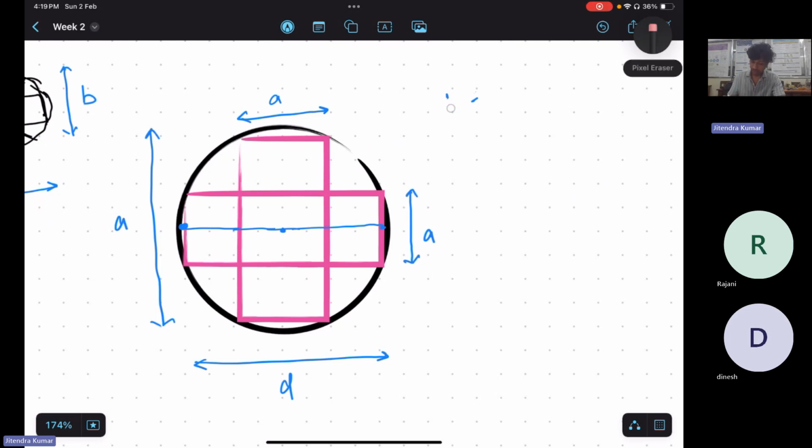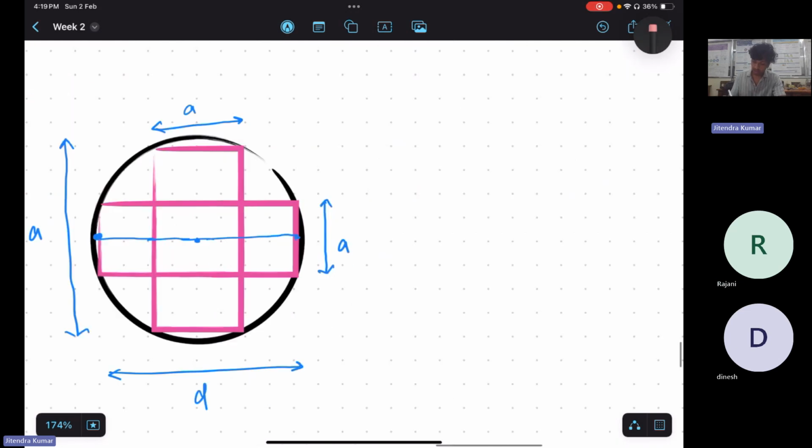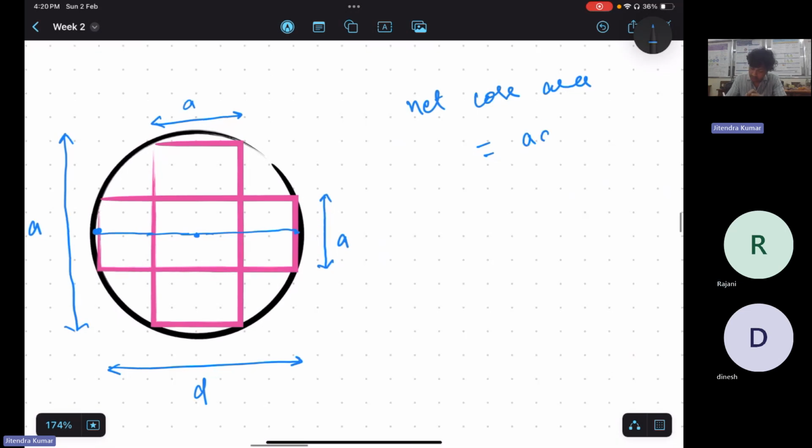Now, net core area is how much? I think A into D for this block, right? Oh, no, no, this is not here.